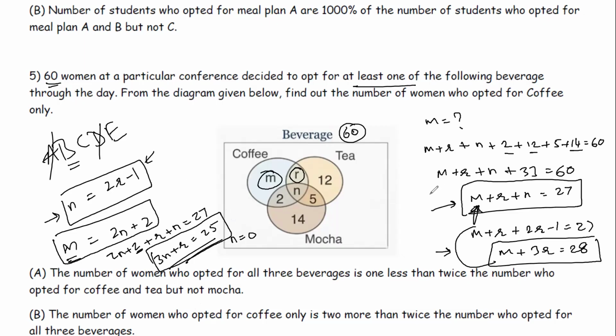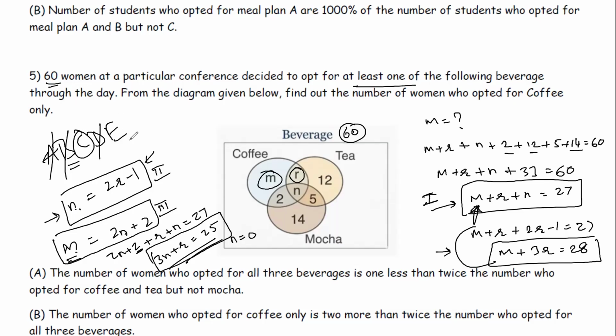We have 1 and 2 from statement A, and 3 from statement B, and 1 from the question stem. When we take all three together, we can solve for R, N and M. So C is the answer.